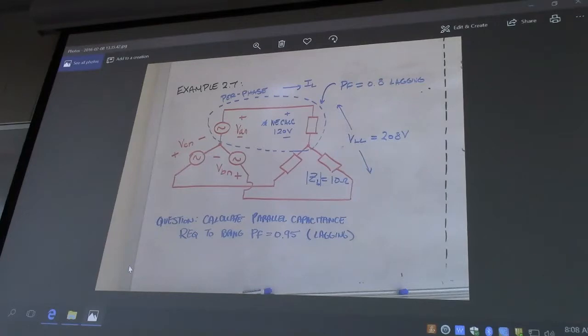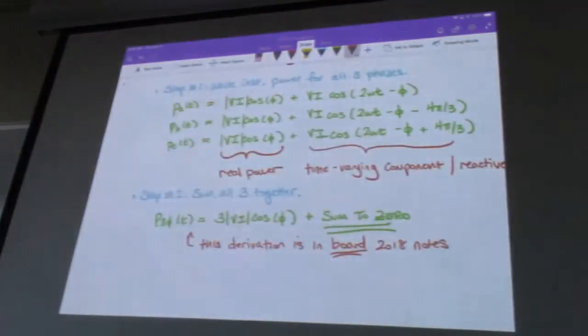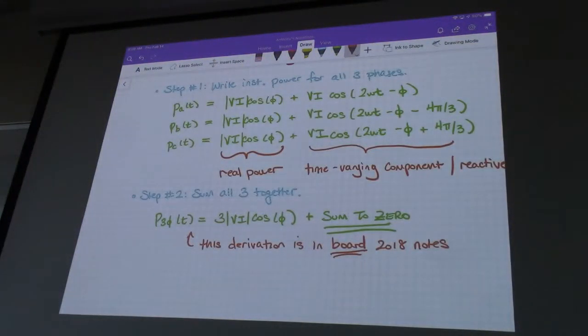So, what you see is that summing all three of the phases together provides us a constant instantaneous power, because the three sum together to zero.